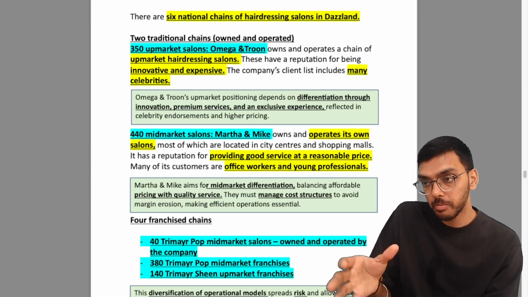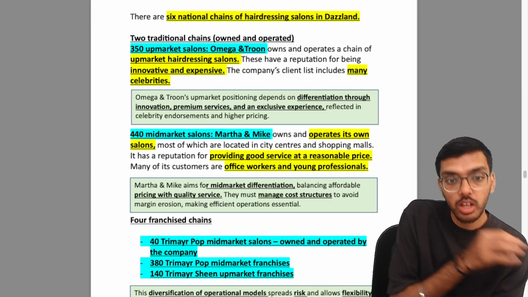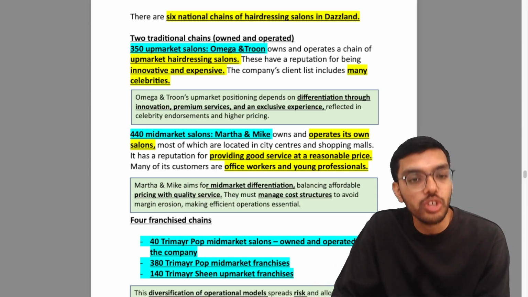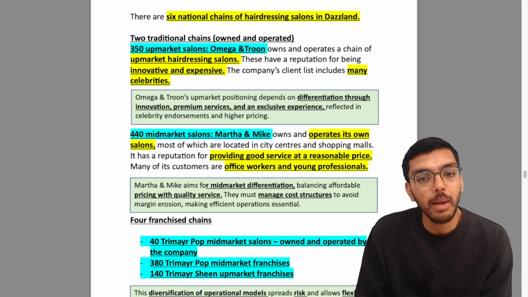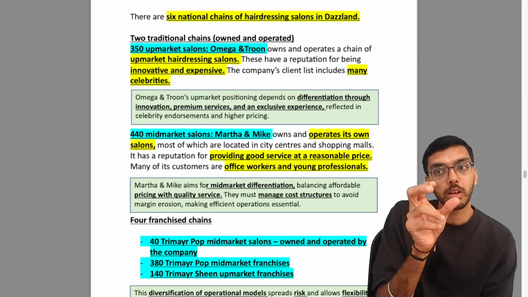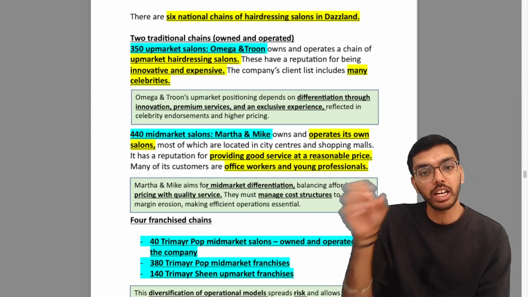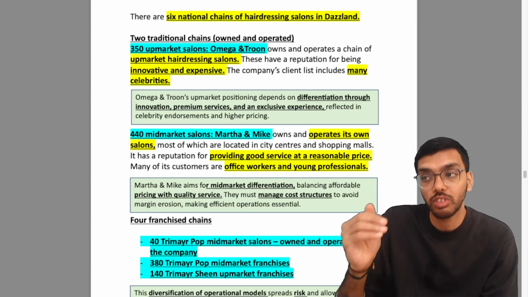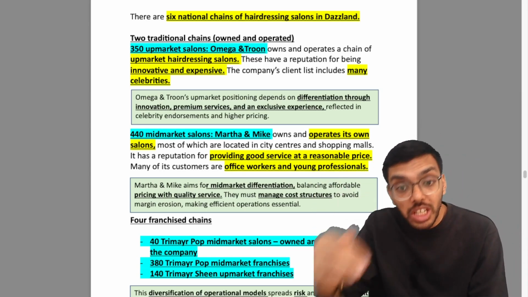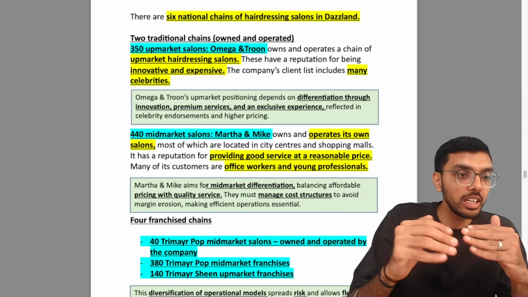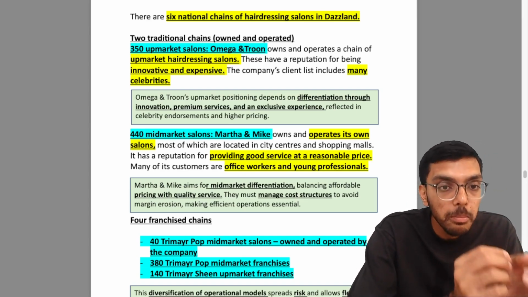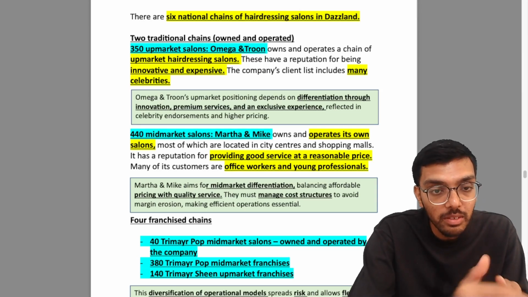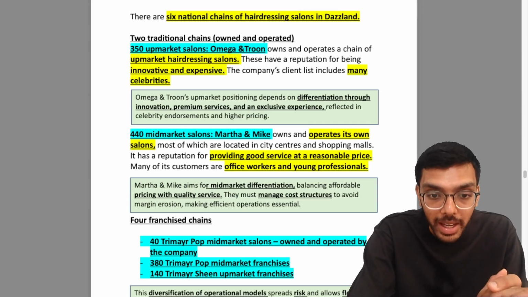So again, Pop category: 40 we own, 380 we franchise, and 140 Trimayr Sheen upmarket franchises. The Pop segment focuses on mid-market, the Sheen segment focuses on upmarket. So the Sheen segment is effectively competing with Omega and Troon. The Pop segment is effectively competing with Martha and Mike.